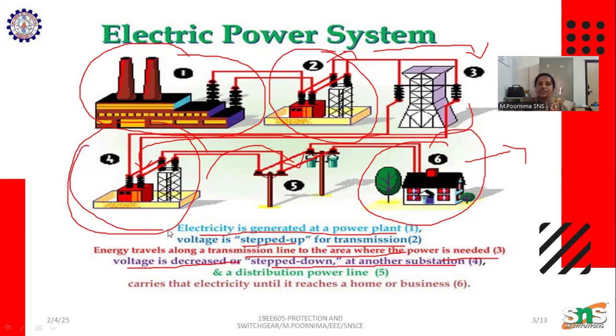In the receiving substation, the voltage may be decreased or increased according to the application's usage, and the distribution power lines carry the electricity to the utility where it is needed, whether it is a commercial building or a residential house. This is the basic structure of the electrical power system.